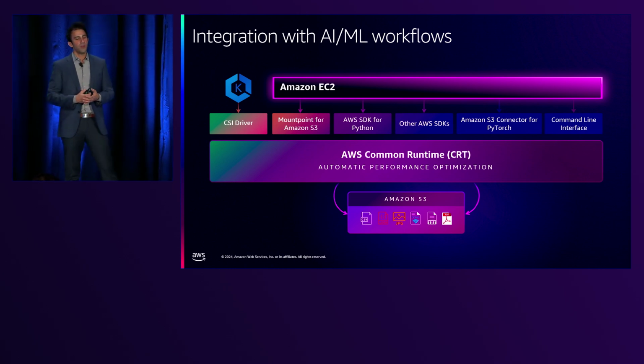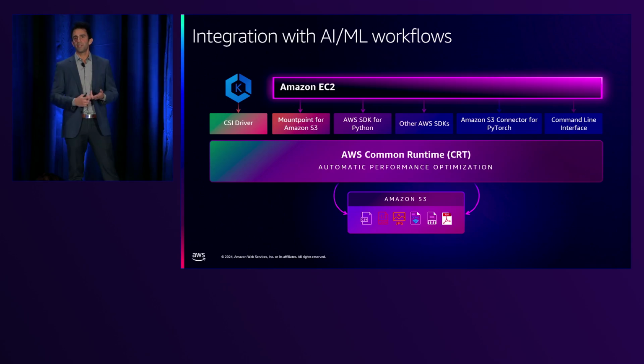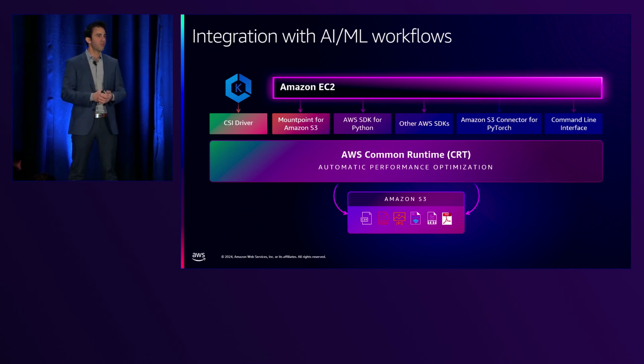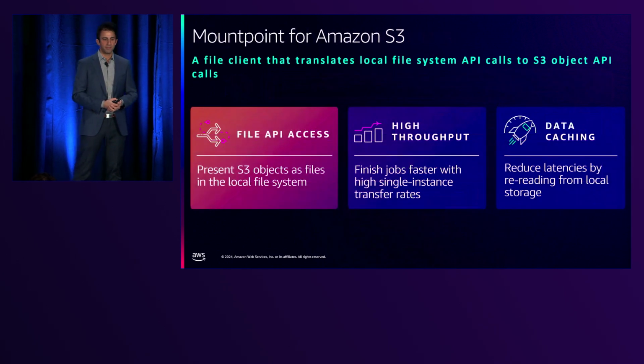It also means we launched the Amazon S3 connector for PyTorch, similarly to allow you to have a library that's optimized for Amazon S3, that uses multi-part downloads and uploads to move data back and forth when you're reading training data or writing checkpoints. And then for the broader set of workloads that might still need a file interface, but we don't necessarily offer a dedicated software package, we launched Mount Point for Amazon S3.